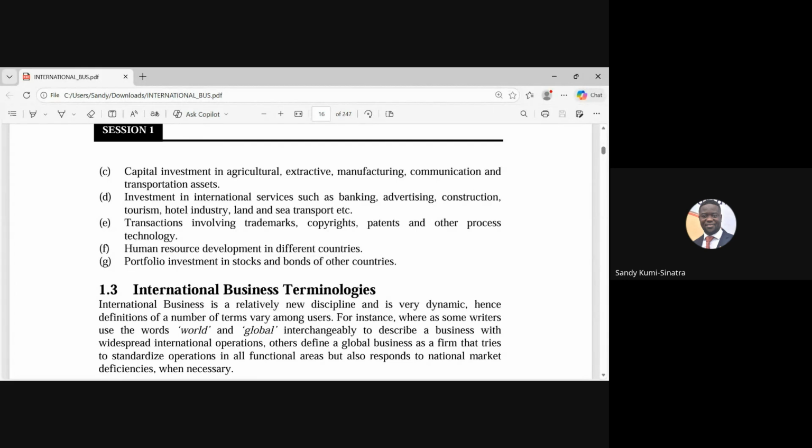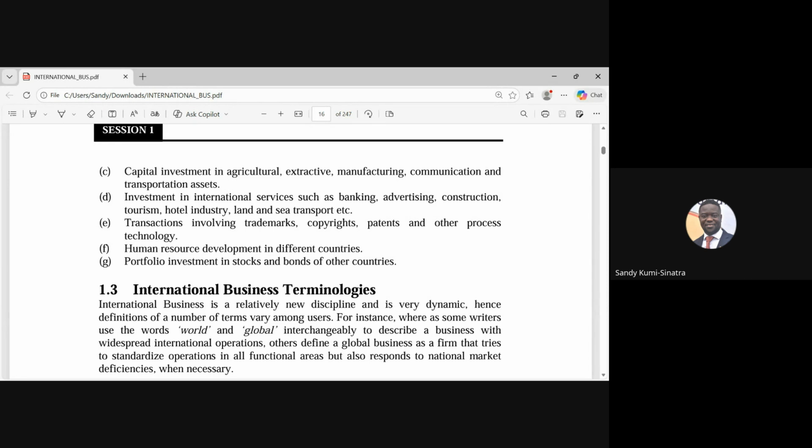Then we also talk of transactions involving trademarks, copyrights, patents, and other technologies. So these are transactions where some companies will give rights to other companies outside their home country to use their trademark or to use some component of their products in a foreign market. So basically that is that.